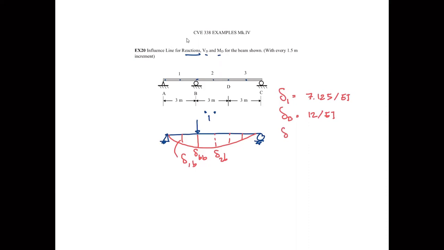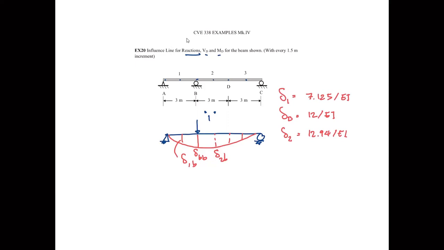Delta 2 is 12.94 over EI. You see, this point is lower than where the load itself is, which is not surprising.